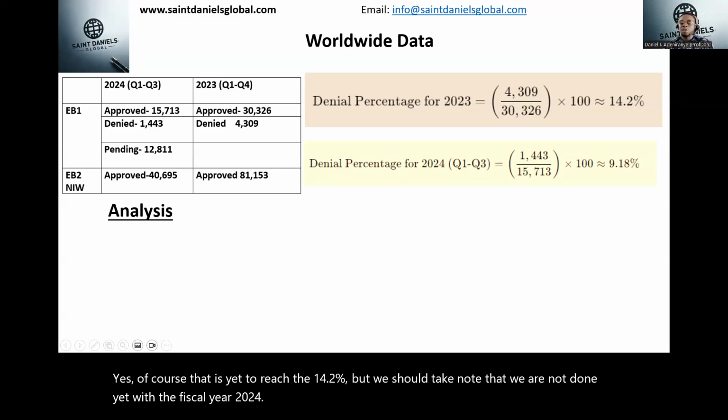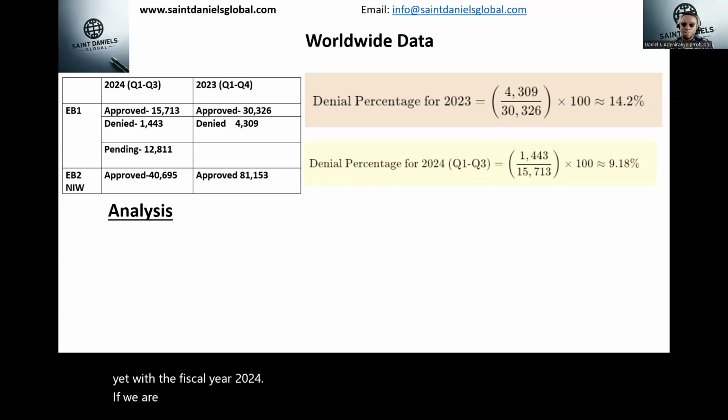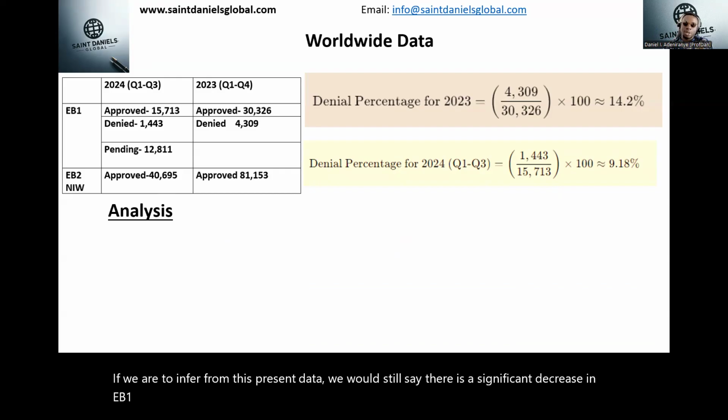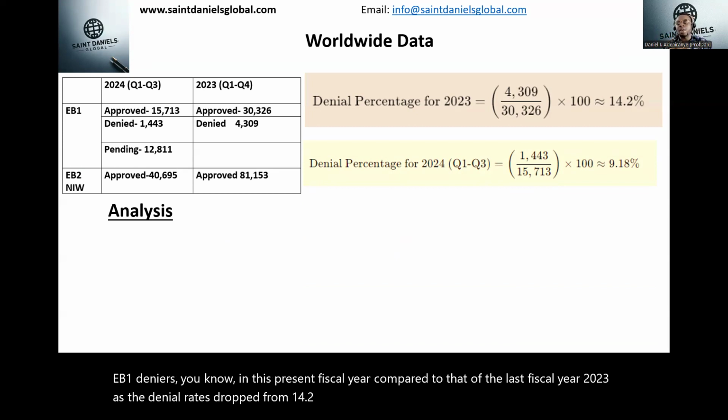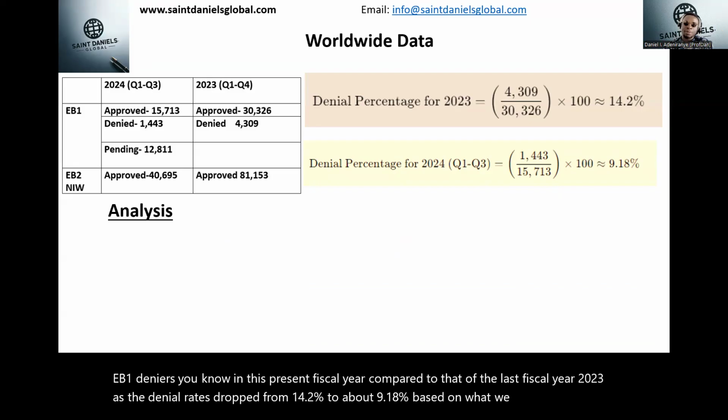Well, if we are to infer from this present data, we would still say there is a significant decrease in EB1 denials in this present fiscal year compared to the last fiscal year 2023, as the denial rate dropped from 14.2% to about 9.18% based on what we have presently.